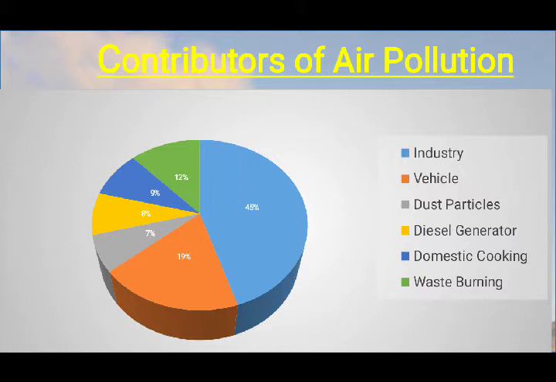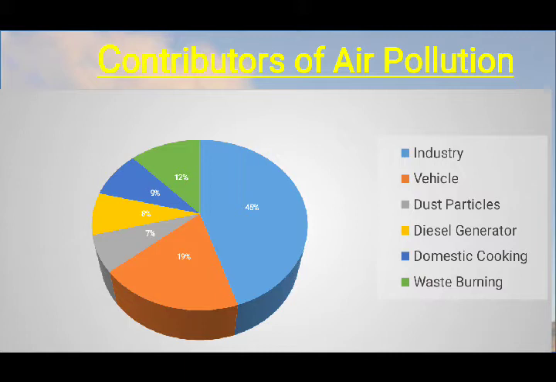Even domestic cooking is also creating air pollution. 19% is the vehicles. So 19% vehicle emissions are contributing to air pollution. So we should aim to reduce this air pollution as well as work on finding the ways we can lessen it.